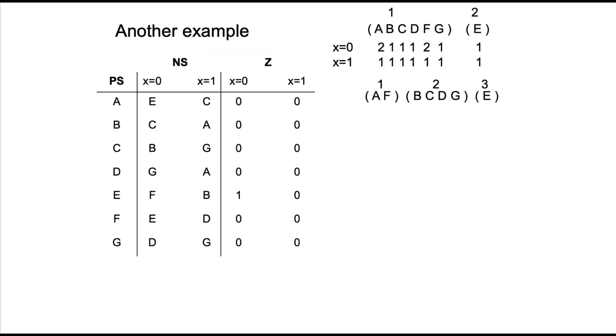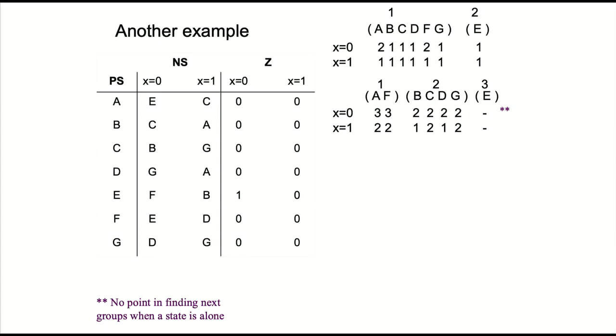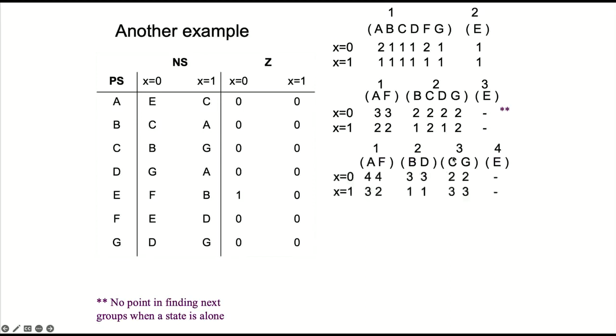I can stop figuring out E because E's not going to get any smaller. That partition's not going to be any smaller. And so I do this again, and A and F are still together. But this one is going to split up some more. So you think we're done? No, because now A and F are splitting up.